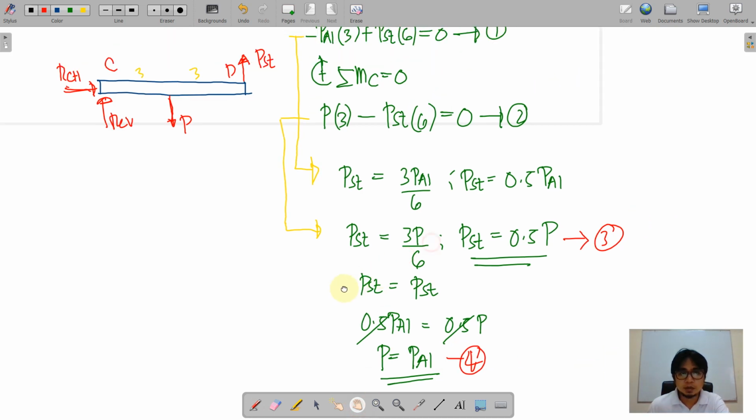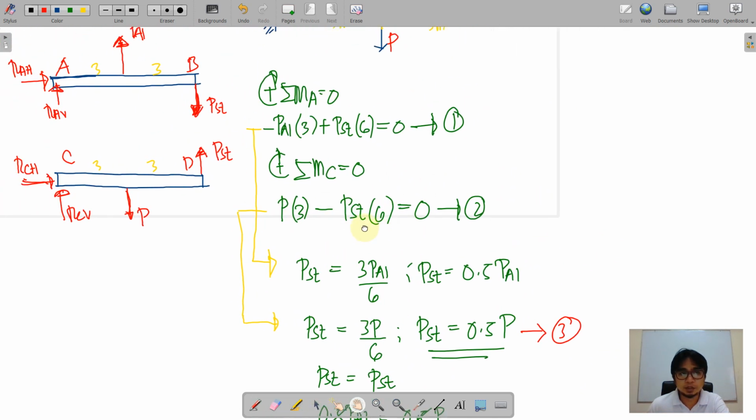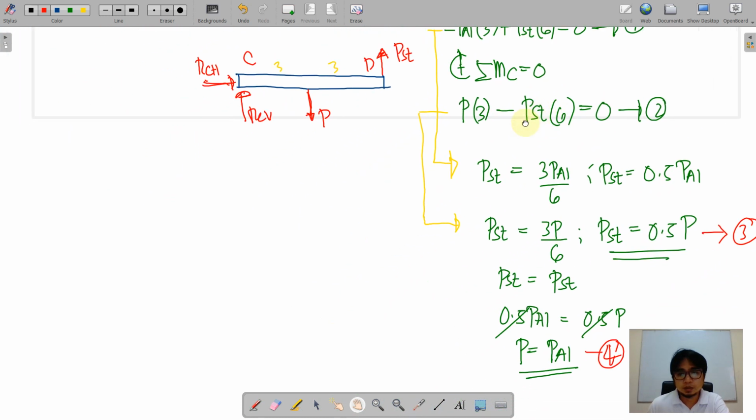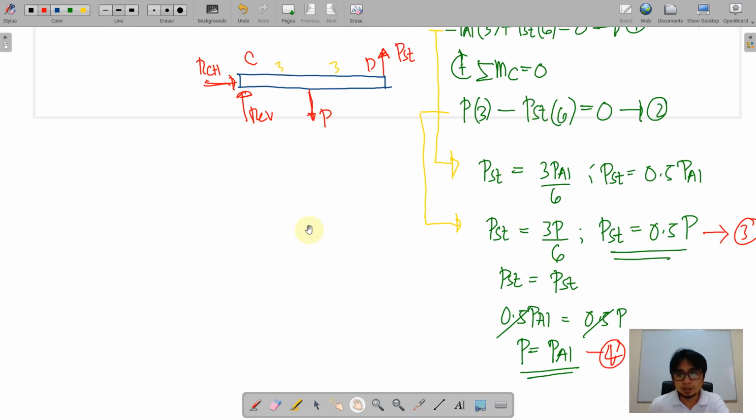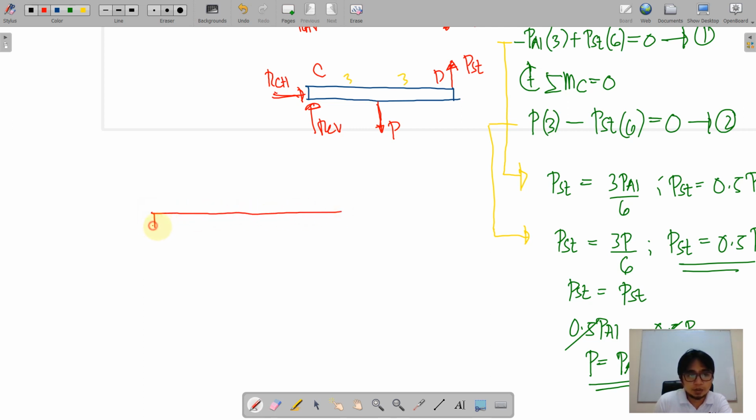Now we relate the deformation, so that we can utilize these forces. So what about the deformation? Let us have the illustration here.